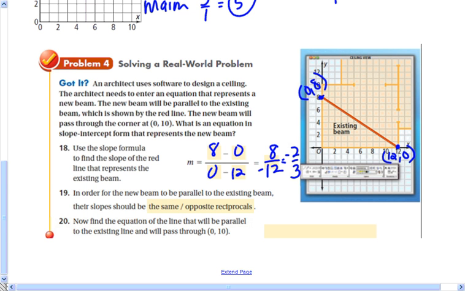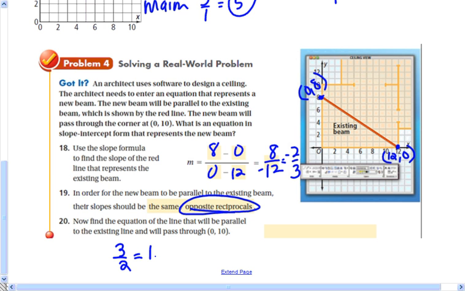In order for the new beam to be parallel to the existing beam, their slopes would be opposite reciprocals. So we need the slope of this new beam to be, let's flip over negative 2/3, that's 3 over 2.